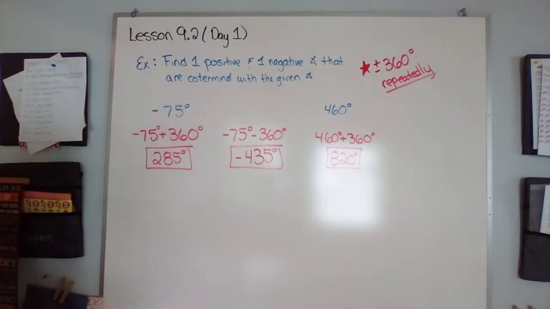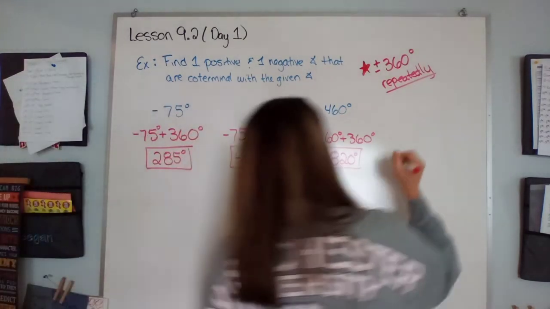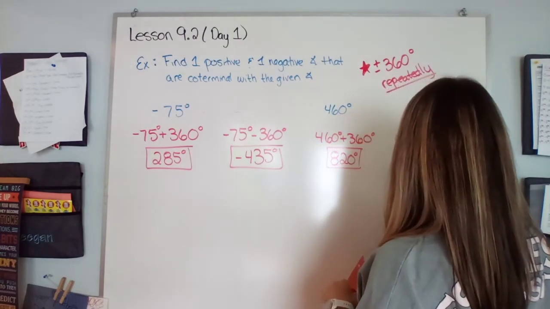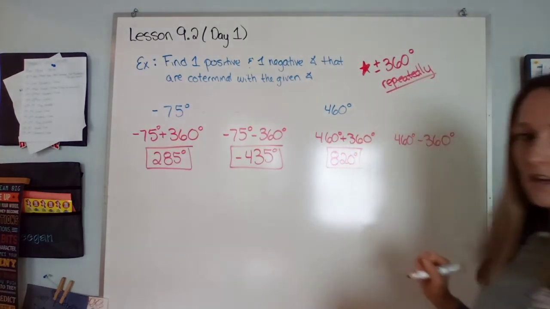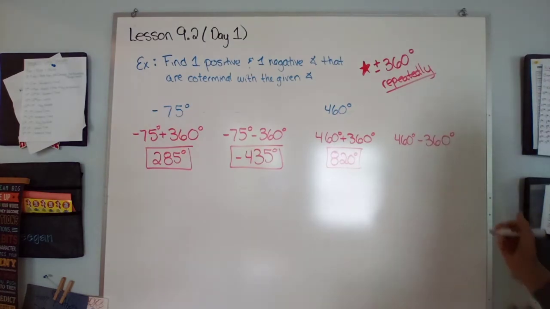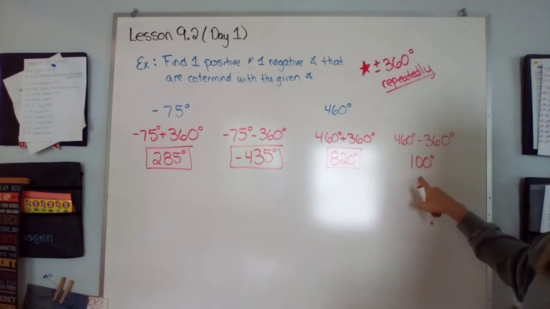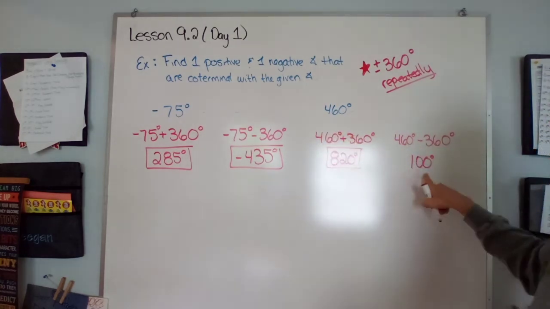Now, if you take 460 and you subtract 360, 460 minus 360, is that going to give me a negative? It's not. It's actually going to give me a positive. So I could have used this as my positive. I didn't have to do this. I could have used that.